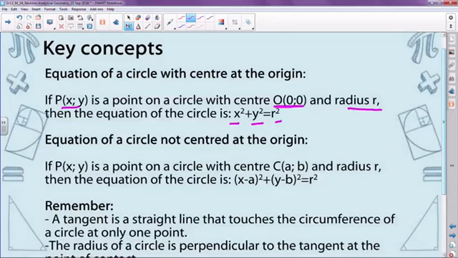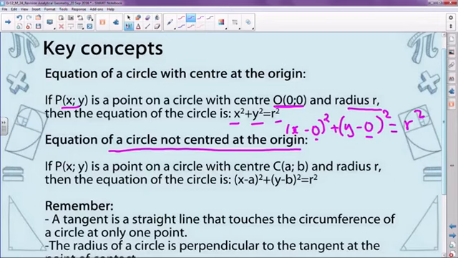Now remember, this can actually be written as (x minus 0) squared plus (y minus 0) squared is equal to r squared, and this takes you back to when you're looking at the equation of a circle that's not centered at the origin, where remember that the formula where your center is (a, b) is given by (x minus a) squared plus (y minus b) squared is equal to r squared.